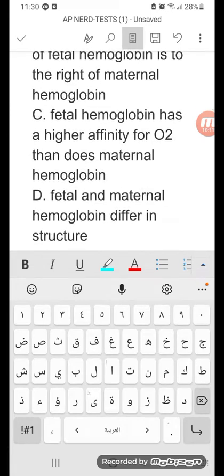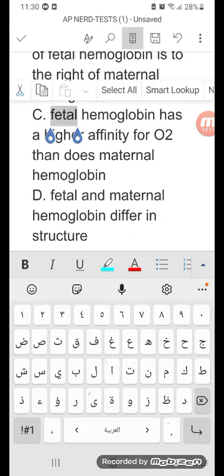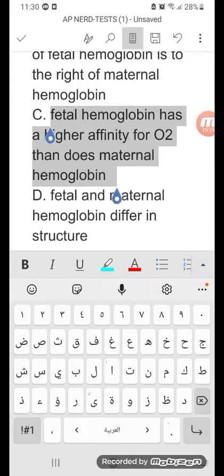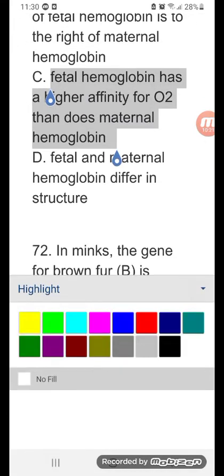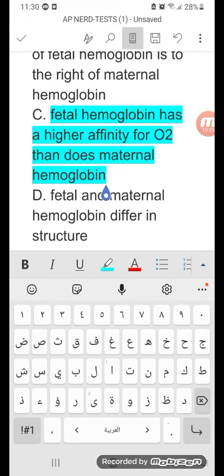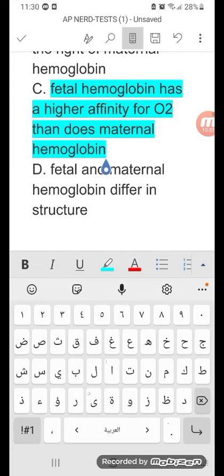Fetal hemoglobin has a higher affinity for O2 than does maternal. We already know this; we took this in during the class. The fetal hemoglobin has higher affinity. Higher affinity means it has a stronger attachment to oxygen.